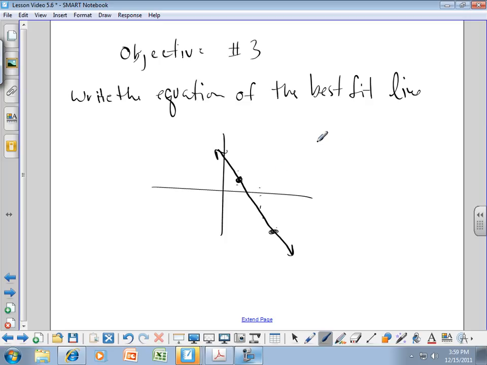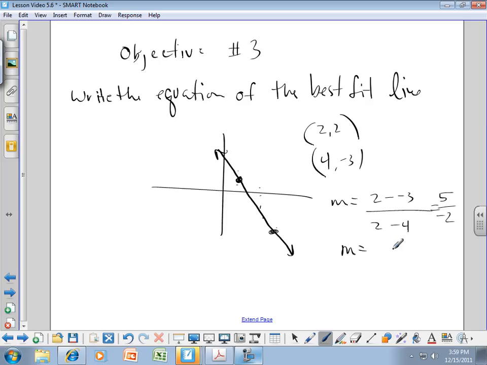Let's just say that the best 2 points on that line are 2, 2, and 4, negative 3. There's my 2 points. What are you going to do? Well, first of all, find a slope. Yep. 2 minus negative 3 over 2 minus 4. Well, that's 5. That's negative 2. And so the slope of this line is negative 5/2.